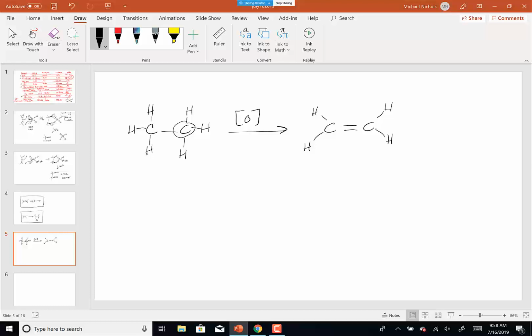So what should happen to the oxidation number of the carbon? If this is oxidation, that means the carbon should be losing electrons, which means their oxidation number should go up, should increase.